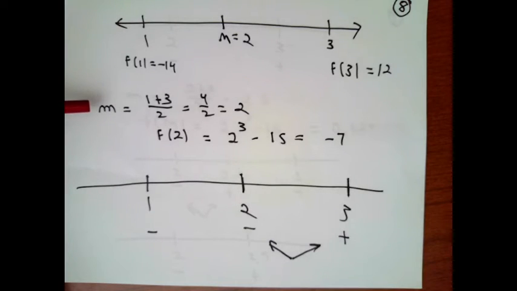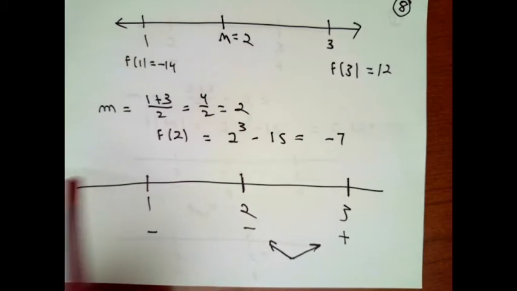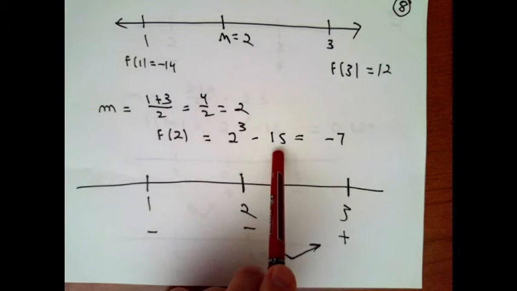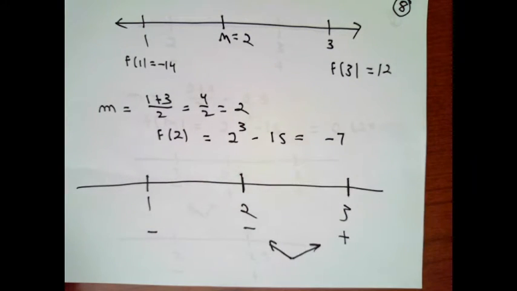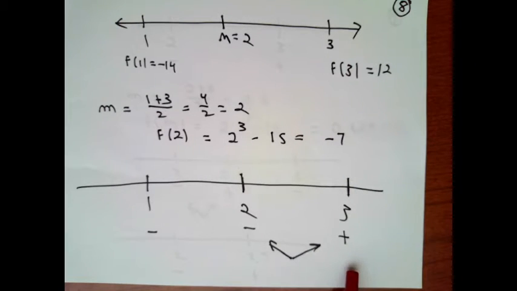Find the middle: average the x values at the end. 1 plus 3 over 2 is 2. That's the middle. f of 2 is 2 cubed minus 15, which is negative 7. I don't really care about the precise value, I just care about the positive or negative part. 1 had negative function value, 3 had positive function value, and 2 worked out to have a negative function value.